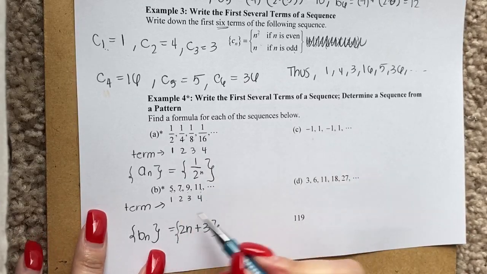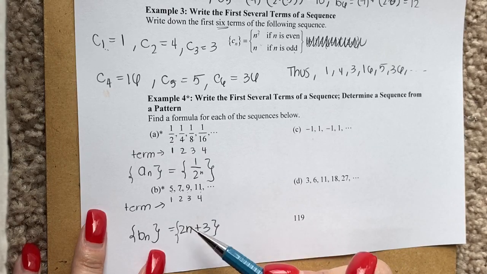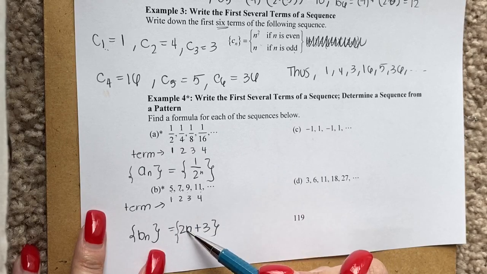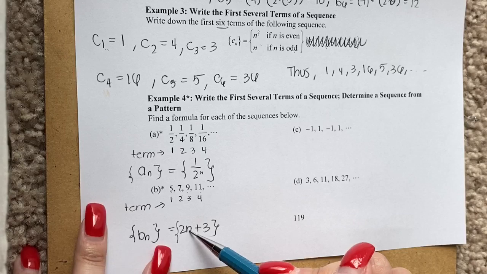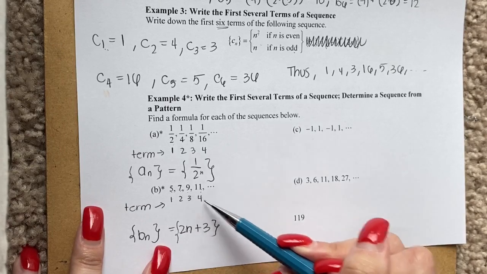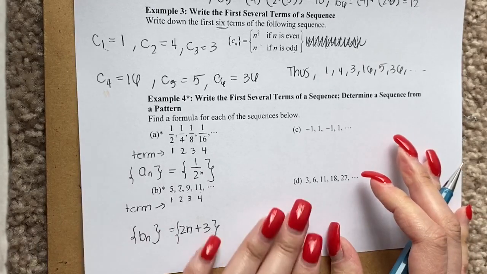Because if I plug in 1, you have 2 plus 3 is 5. If you plug in 2, you have 4 plus 3 is 7. If you plug in 3, you have 3 times 2, which is 6, plus 3 is 9, and so forth. So this is going to be your formula. Remember, you need to find the pattern.